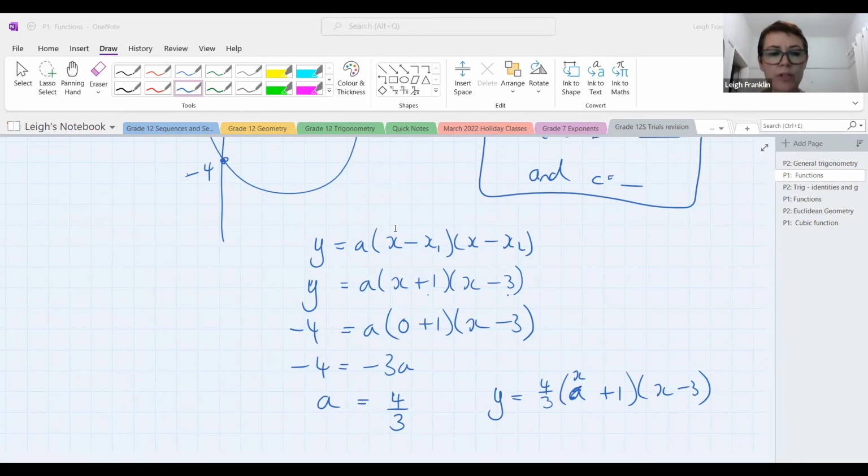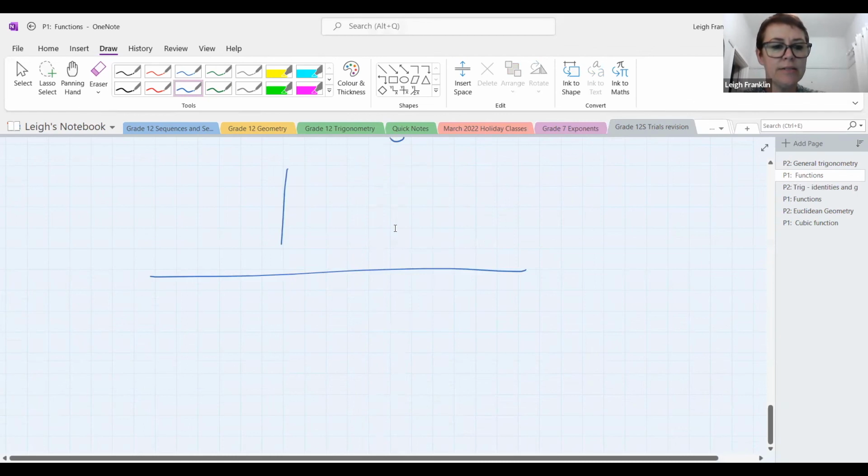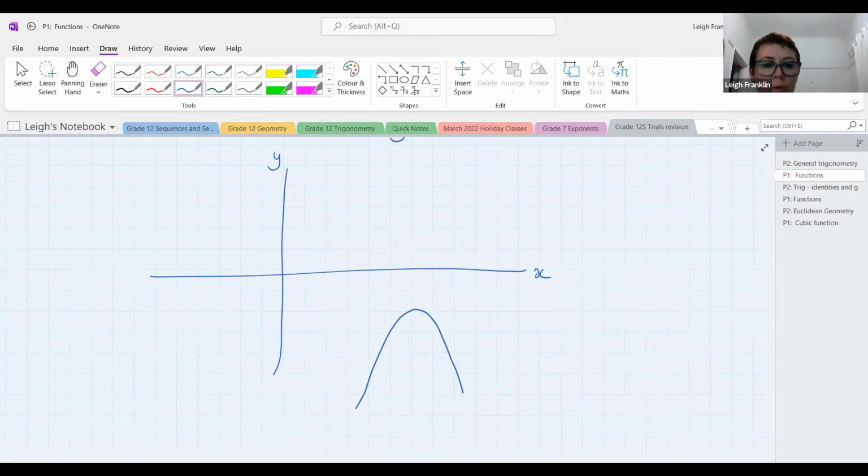Now, there was another question about roots. So roots are all about x-intercepts. So now, guys, here is a set of x and y axes. There's x. So when a parabola does this, its turning point is below the x-axis, roots are non-real. Or if a parabola did this and its turning point was above the x-axis, then roots would be non-real because it's not intersecting the x-axis.